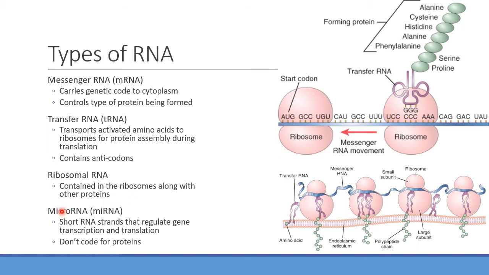And then there's some microRNA that helps to regulate transcription. And then what's this process when we're adding in the amino acids, or we're converting this RNA code into the actual protein? That's translation, right? So transcription is from the DNA to producing the RNA, and then translation is from the RNA to the actual proteins, right? So again, microRNA itself doesn't code for proteins, but it can help to regulate this to some degree, okay?